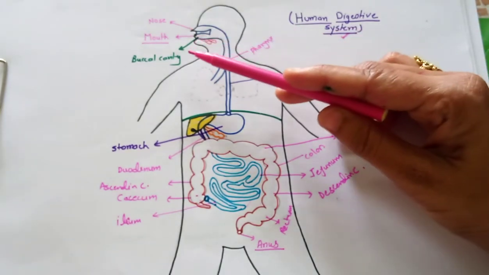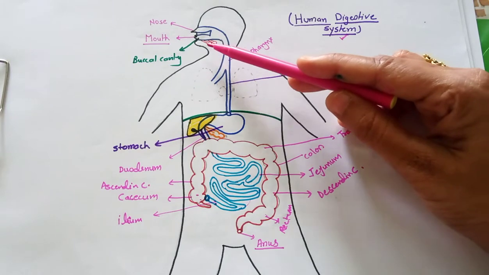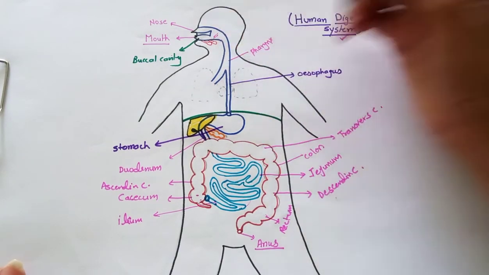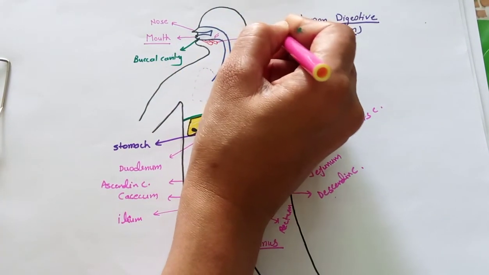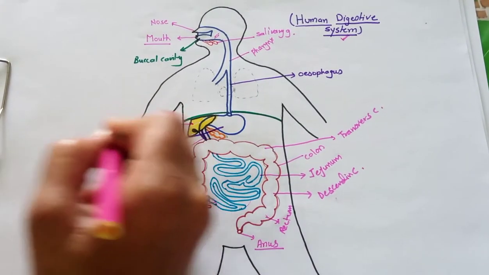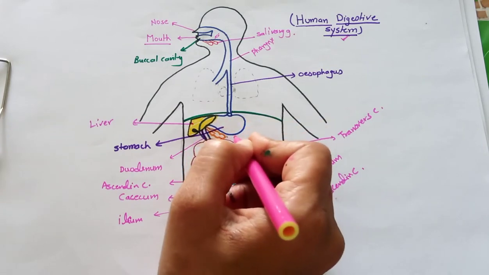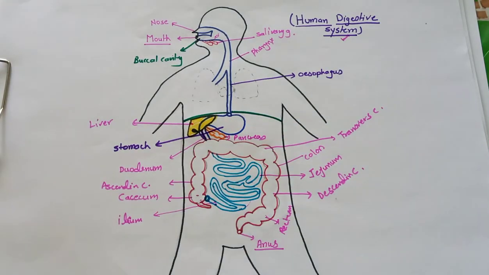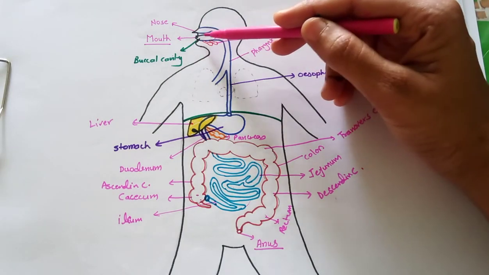It starts at your mouth and enters the buccal cavity. Actually there is also one pair of salivary glands a little bit here. This is the salivary gland, and this yellow is called the liver, and this leaf-like structure is called the pancreas. So the alimentary canal starts with the mouth.